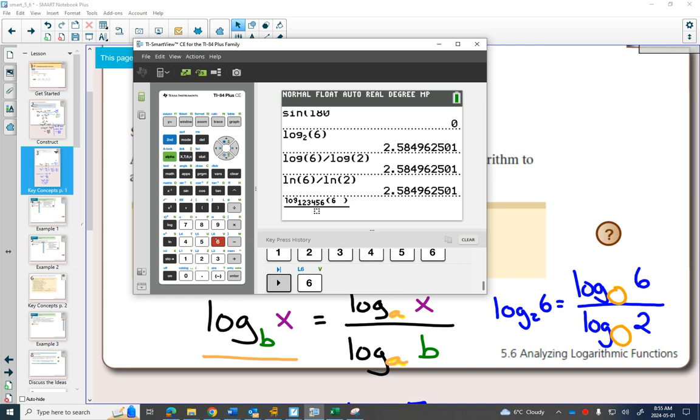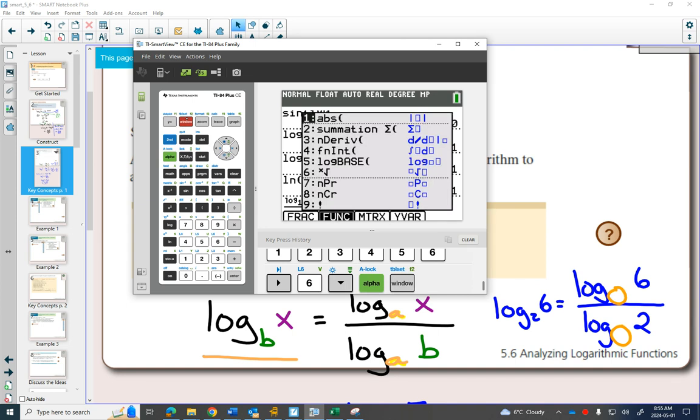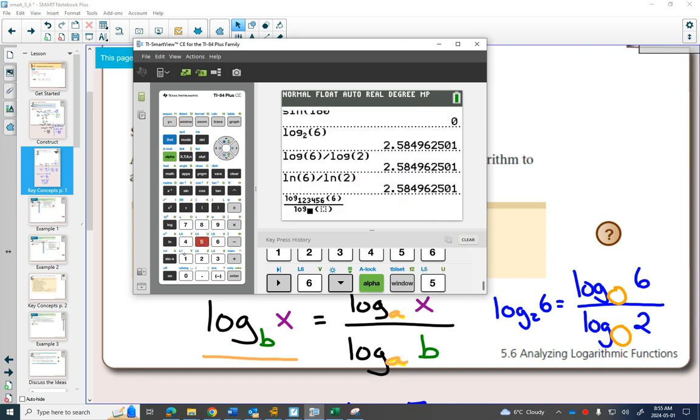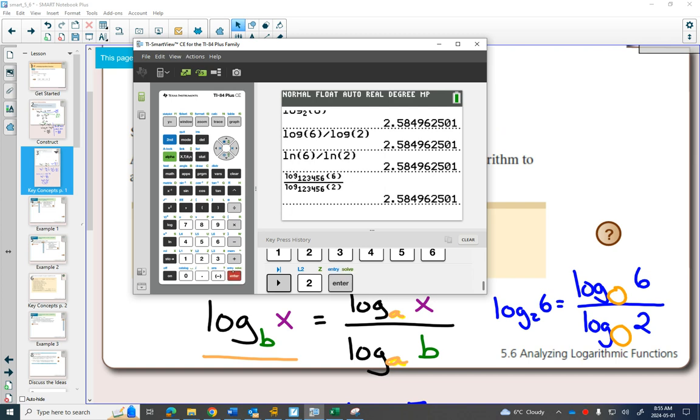This might hurt my computer's head, or my calculator's. 123456 of 2. It should give me the same answer as log base 6 of 2 as all of these other ones. Oh, it was pretty quick. I'm impressed. Good job, Kelsey.